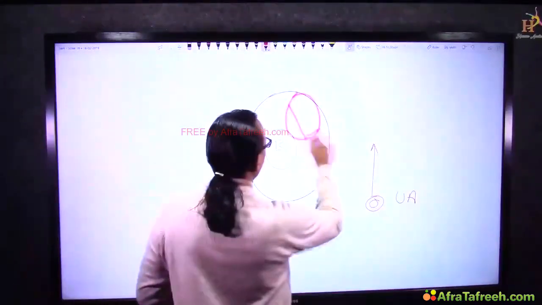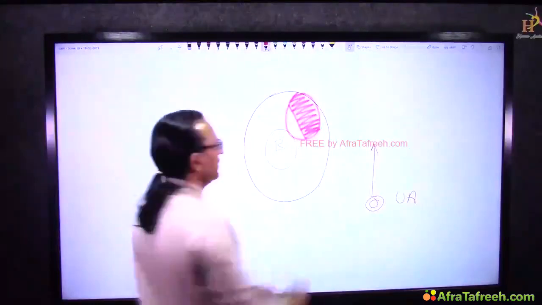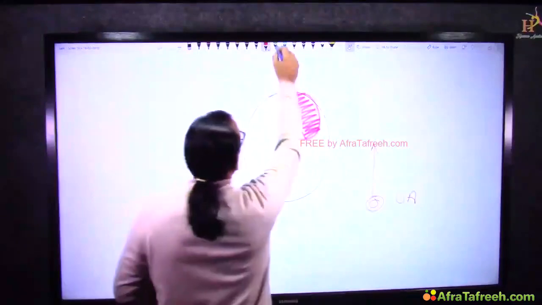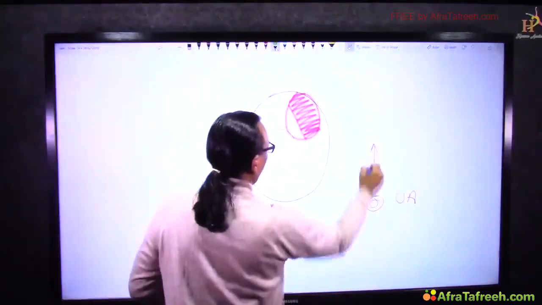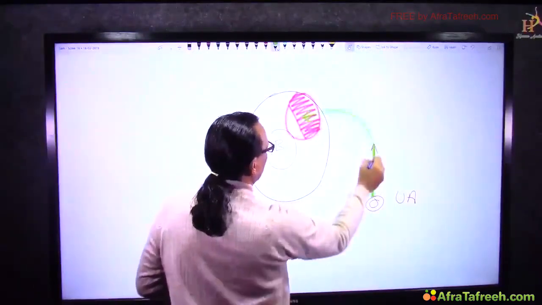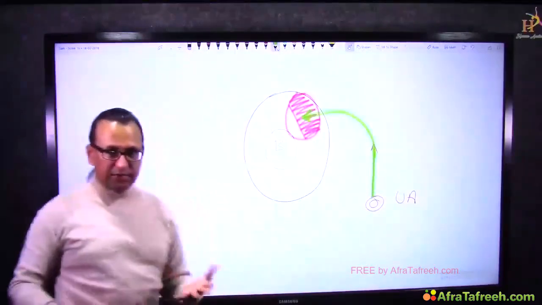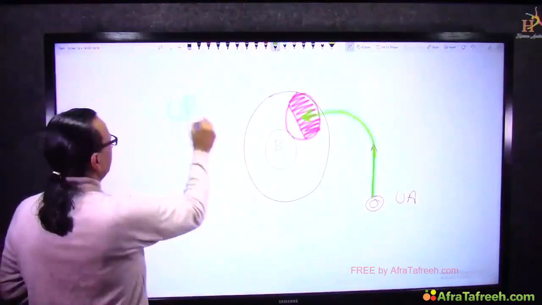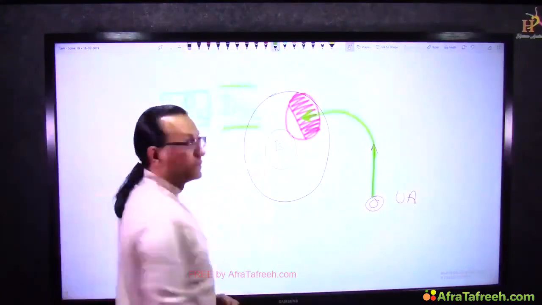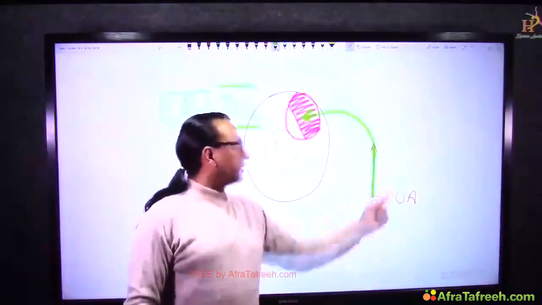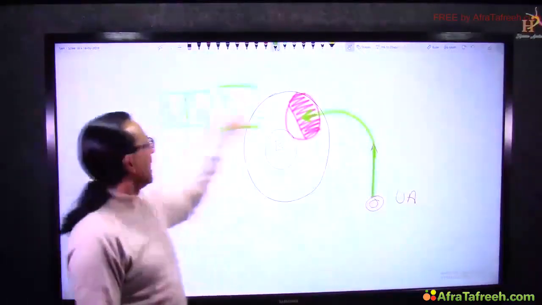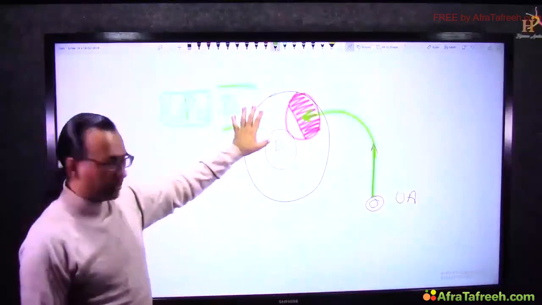Now when you say this is the uterine placenta and this one is the fetal placenta, in the beginning what happens is this uterine artery is going to supply the uterine placenta, and it is called uterine placental circulation, beginning at day number 12 of the intrauterine life.